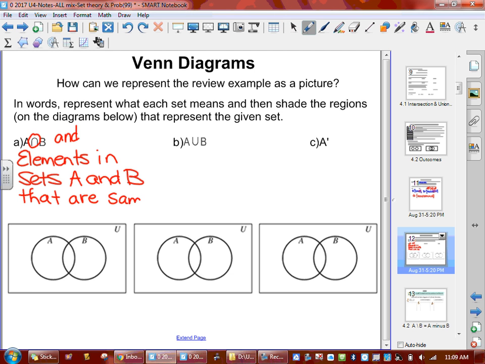That's what we're looking for. So if we're looking for elements in set A and B that are the same, when it comes to a diagram, we shade the overlap. So the and is equal to the overlap, and that's super important to know. The and is equal to the overlap.